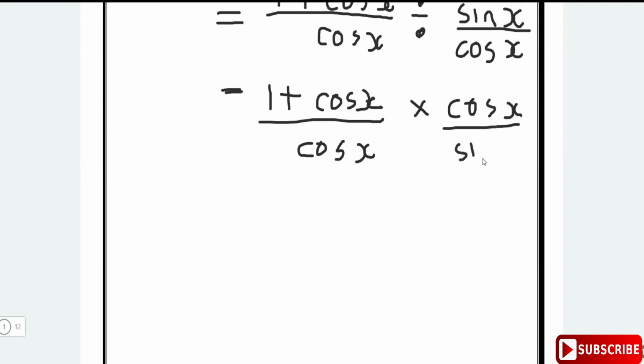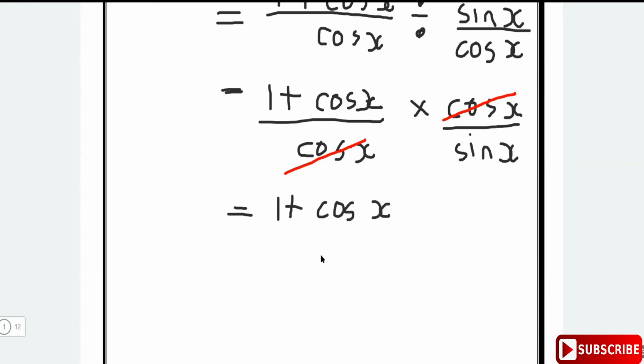Now look what happened. The cosine x is going to cancel the cosine x from the other side. So what we are left with now is (1 + cos x) over sin x.